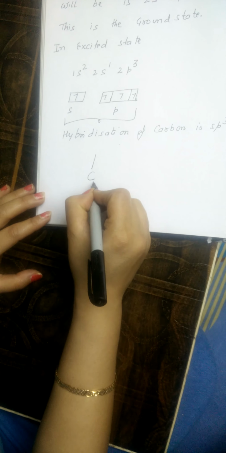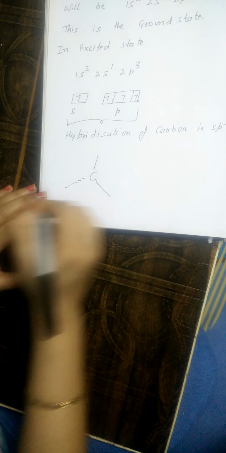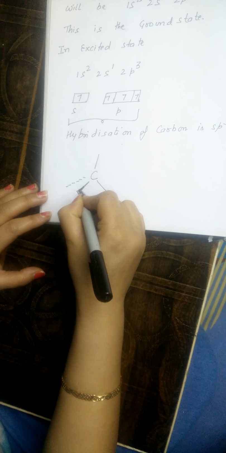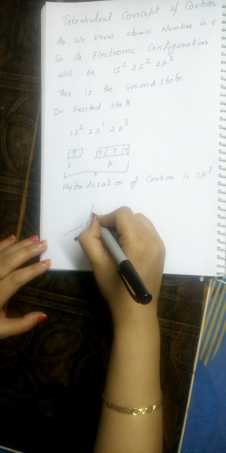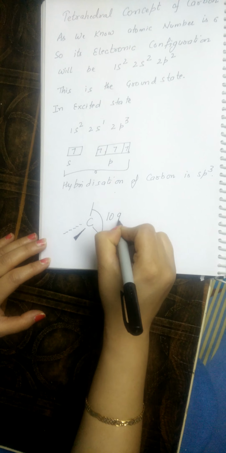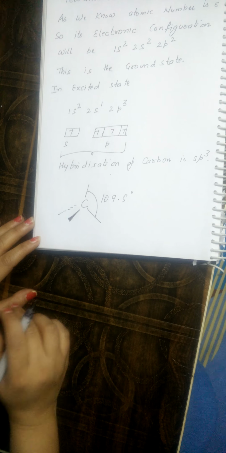One is like this, one is here, one is here, and the last one, which is above the line, is here. The bond angle is approximately around 105 degree.